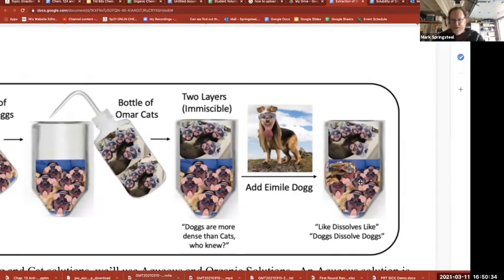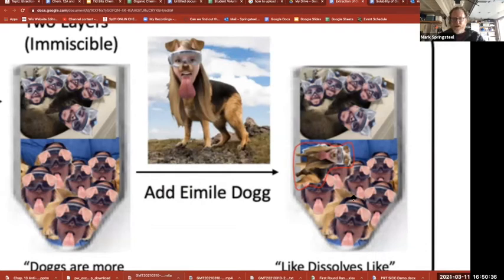It's a bit hard to see, but yep, she went down into the dog layer there. If Emily was my desired product of the reaction and I had some impurities, say some little kitten impurities I didn't want, Emily would go into the dog layer with the Bo dogs, and the impurities would be in the cat layer. And if I separate these two layers, I've got my separated product.